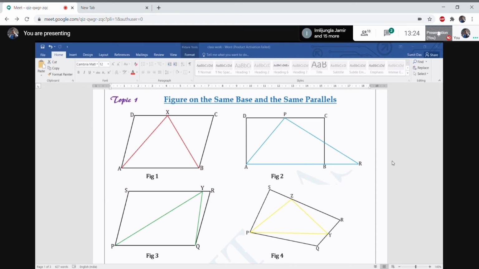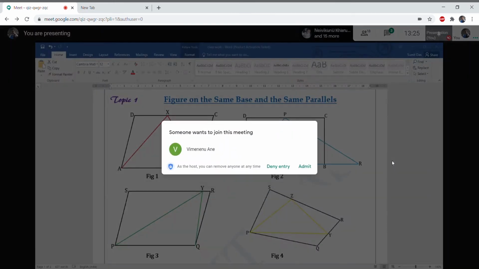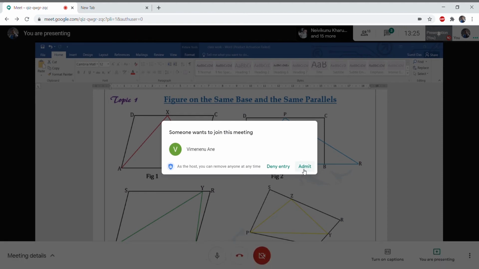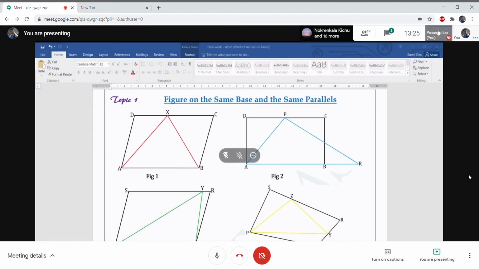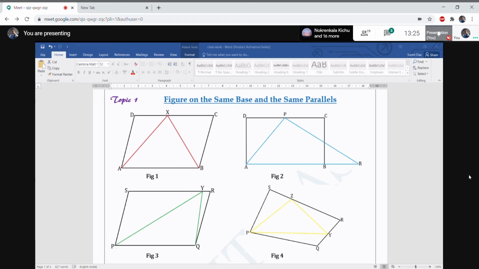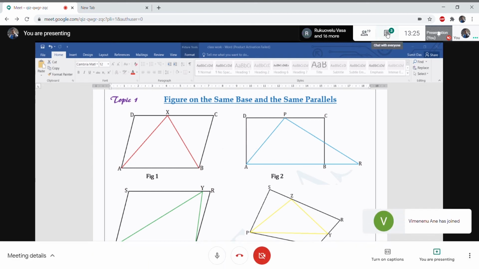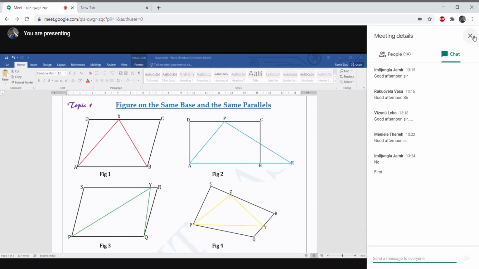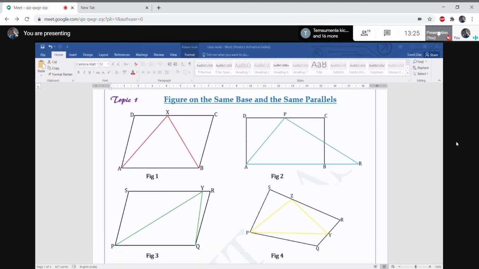First question, are their bases the same? Second question, are they between parallel lines or not? Anyone else? Let me know the answer.